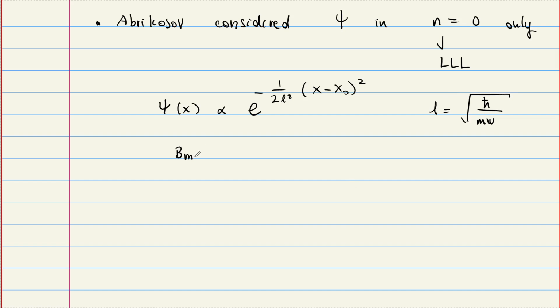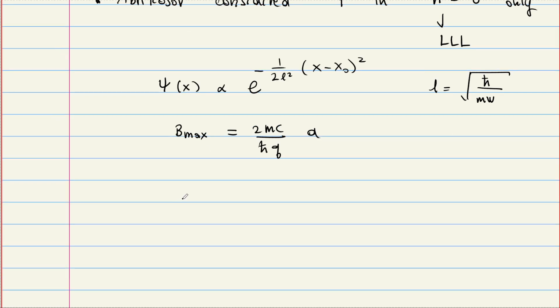And we found B max is equal to 2mc divided by h bar q times A. Now I want to put this B max inside this L and see what this gives me. So let me write L squared, not root, h bar over m, and omega was qB over mc, and okay, cancel this, h bar c over qB.